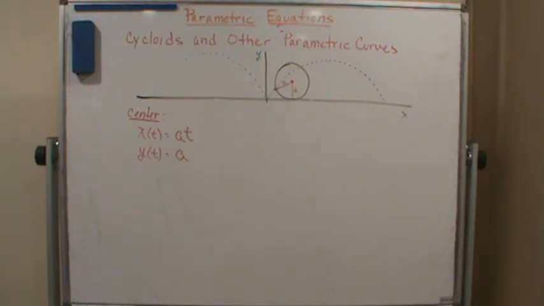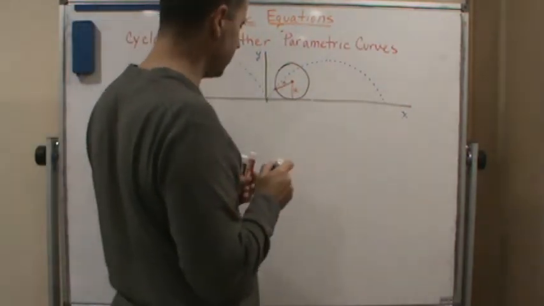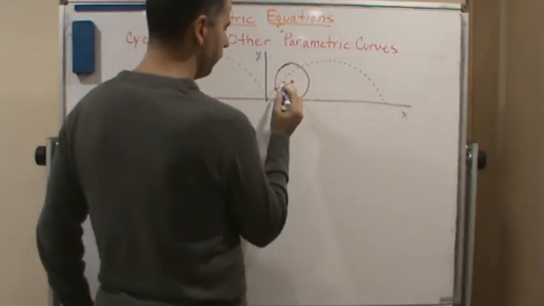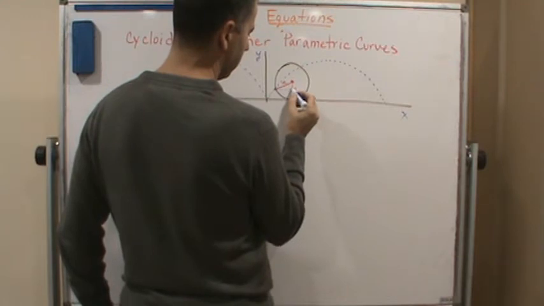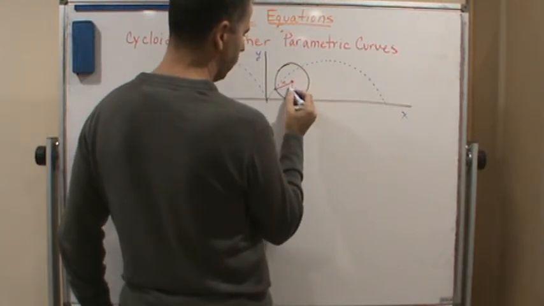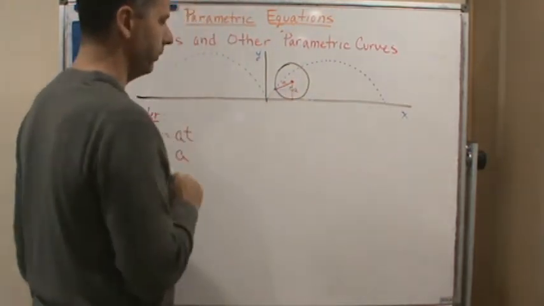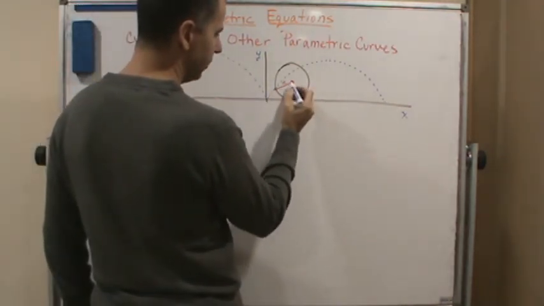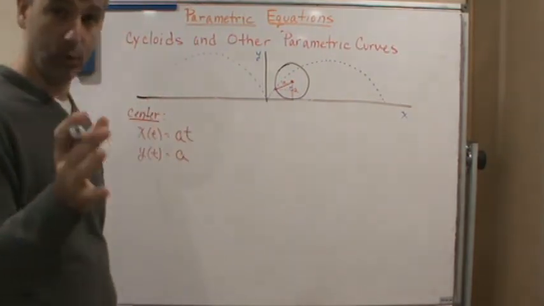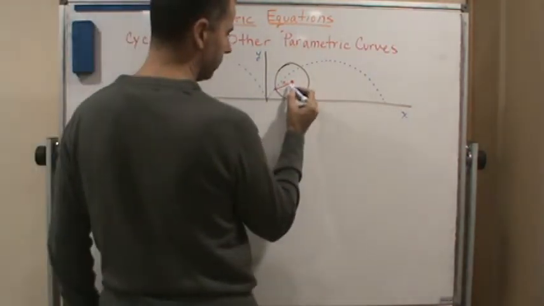So now a possible parameterization of this would be, let's look at this. If I make a right triangle here, then there's an angle. In this case, remember, t is an angle.